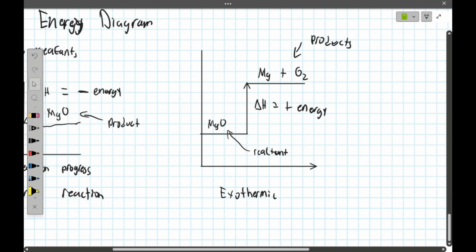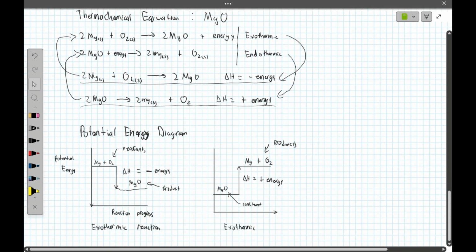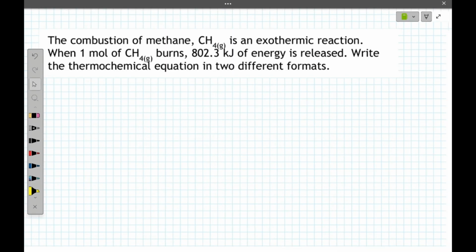So here are the two ways to represent a chemical reaction, if it is endothermic or exothermic. Okay, let's practice the first way. So the combustion of methane, CH4, is an exothermic reaction. When 1 mole of CH4 burns, 802.3 kilojoules of energy is released. Write the thermochemical equation in two different formats.